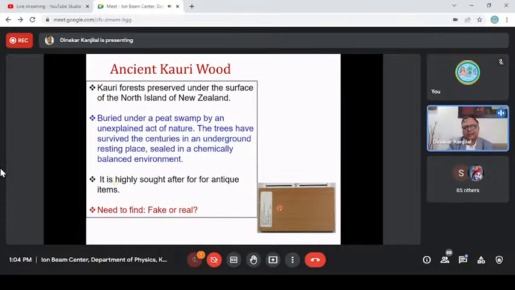This is a kauri wood which we have done, and we gave the date. This is from New Zealand, and we could give a date of about 45,000 to 50,000 years back, for 3 samples. The company also tries to get the date from 2-3 sources.